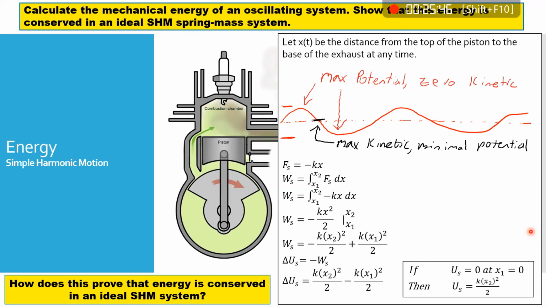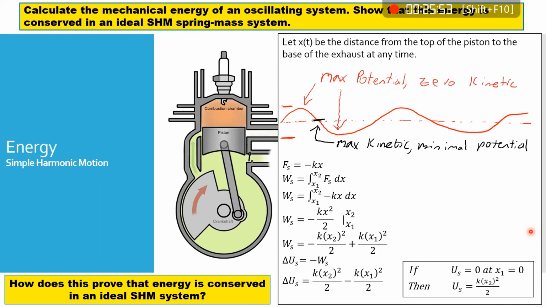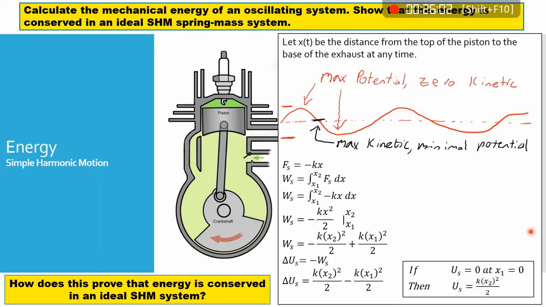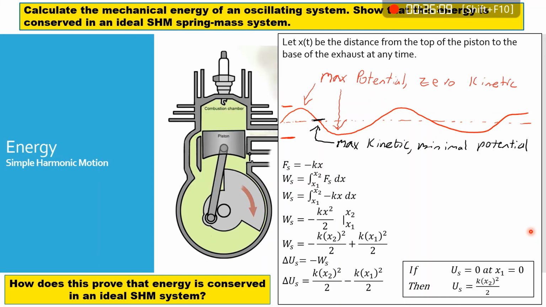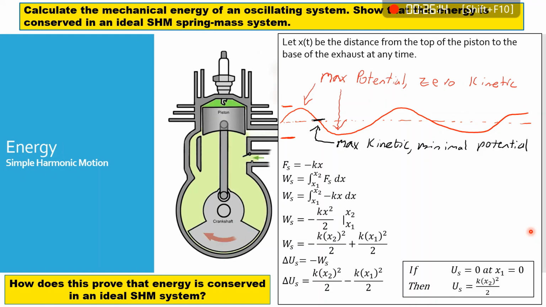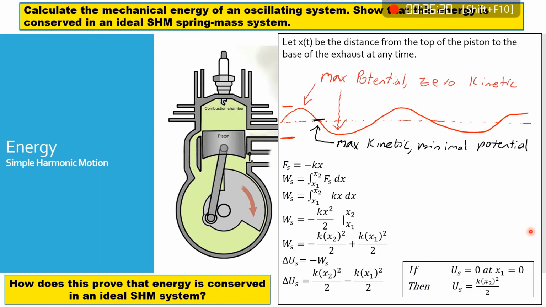Nope. Okay. Can you explain why, if we had an ideal simple harmonic motion system, our energy would be conserved? Energy, yeah. Okay, can you explain though? So how is our energy being conserved right now? There are two types of energy. First one is kinetic and the other one is potential.